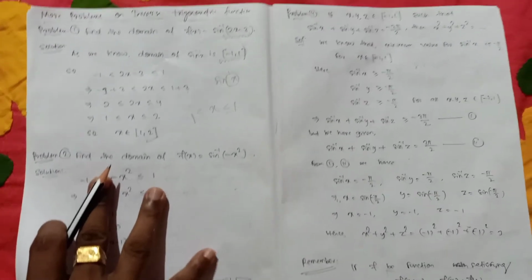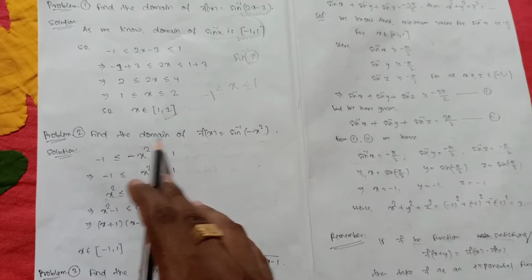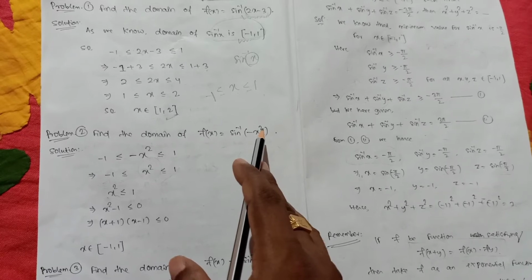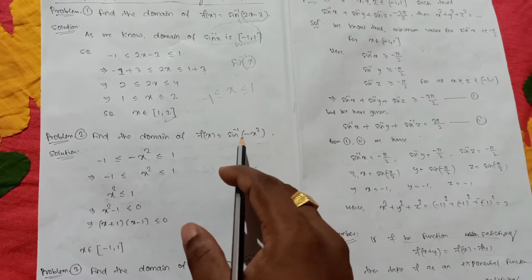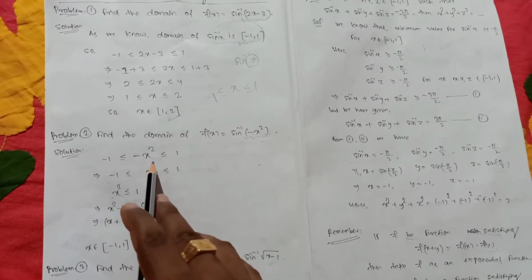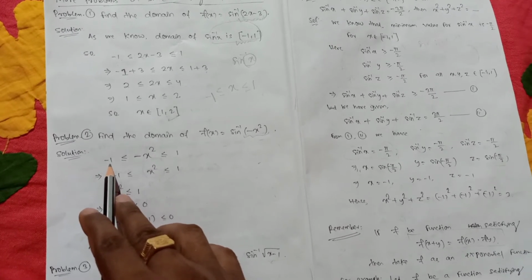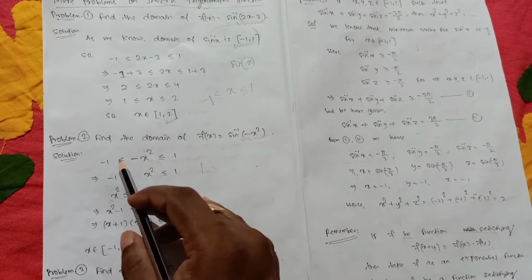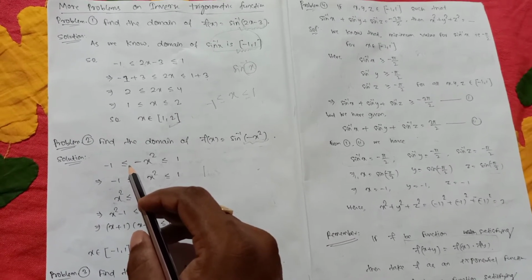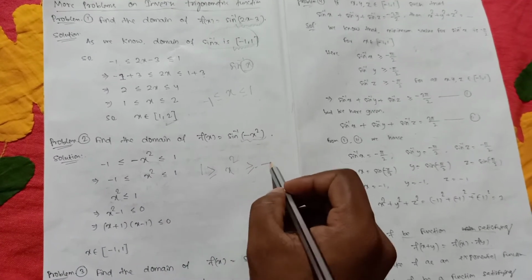Now come to the second problem. Find the domain of f of x equal to sin inverse of (minus x square). As in the previous problem, this must belong to the closed interval [-1, 1]. But remember, if you multiply each term by minus, the inequality symbols reverse. So we get that this is greater than or equal to x square, which is greater than or equal to minus 1.